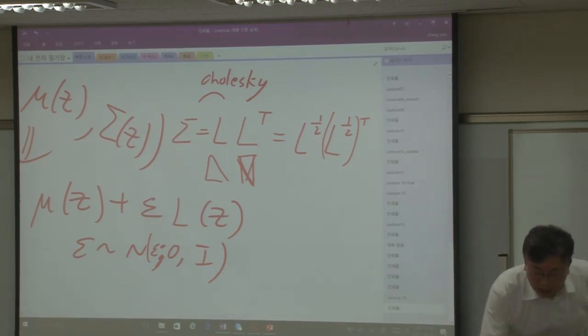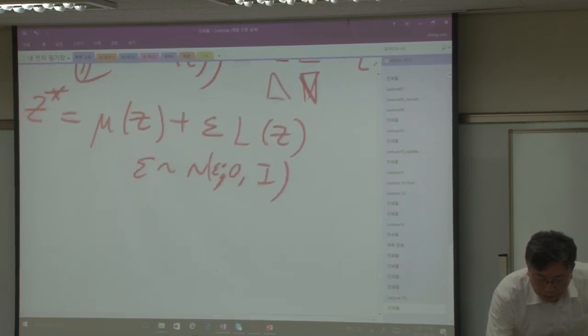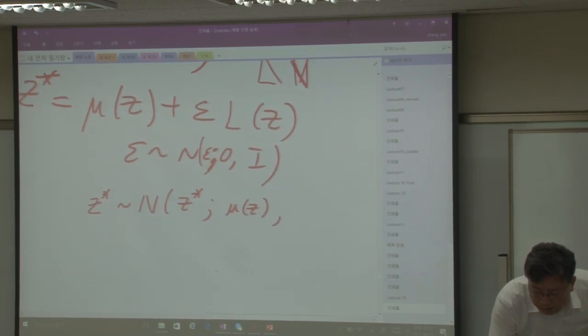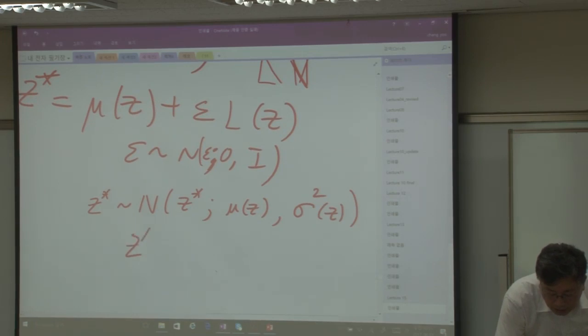So if I was doing it in one dimension, z is a scalar, z star, which I would like as a Gaussian with mean mu z scalar and variance sigma squared z, then z star is equal to mu z plus epsilon sigma.